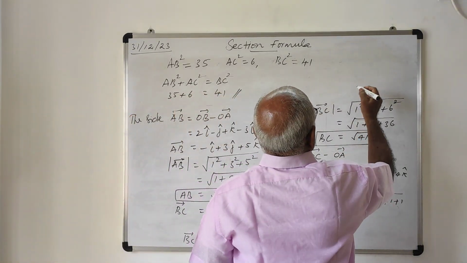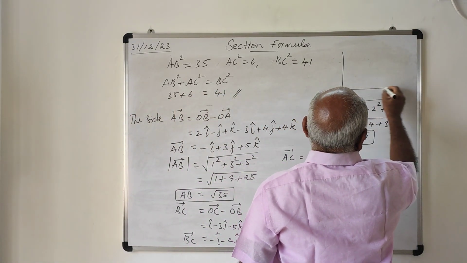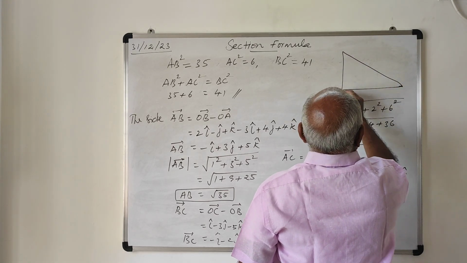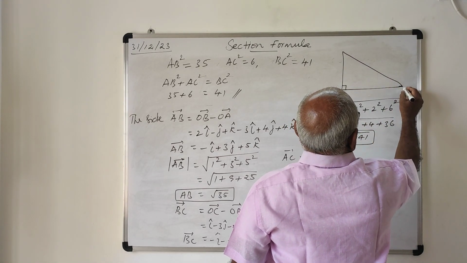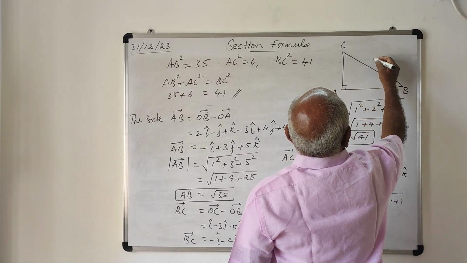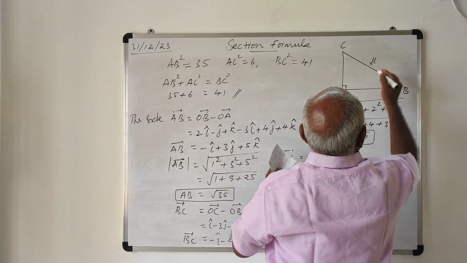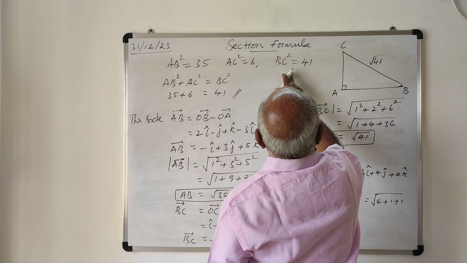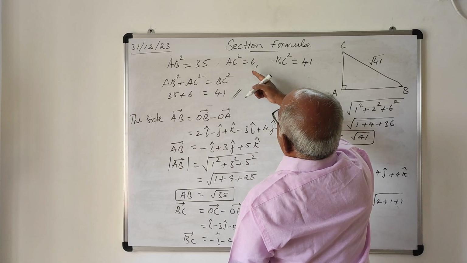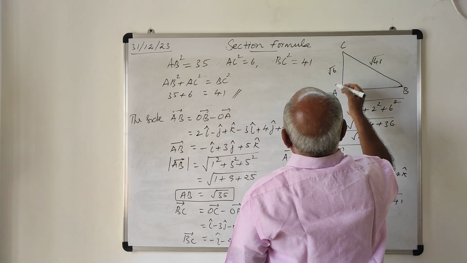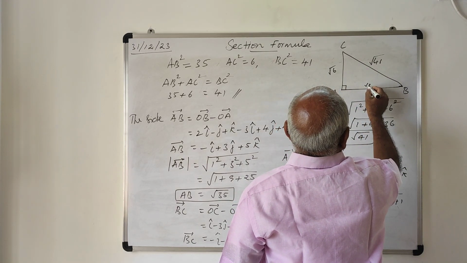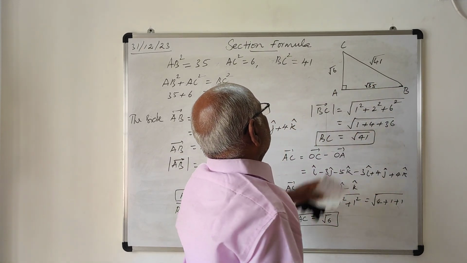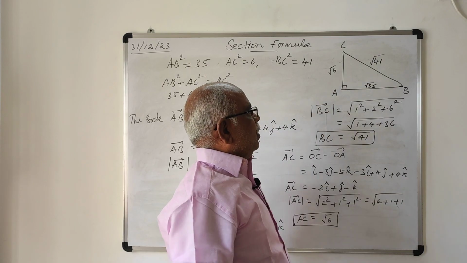BC is the hypotenuse. That means A is the right angle. BC is root 41, AC is root 6, AB is root 35. So angle A is a right angle.